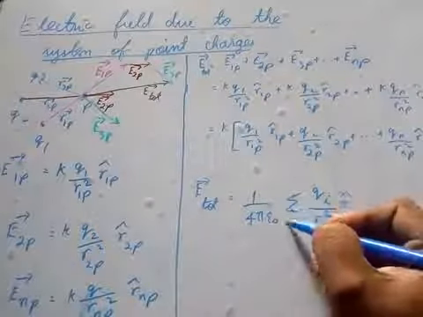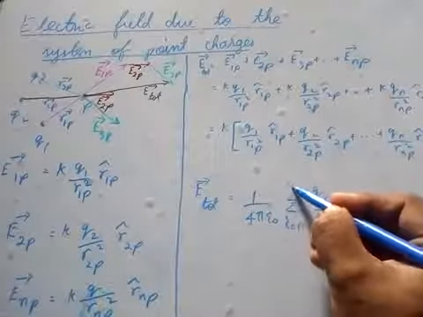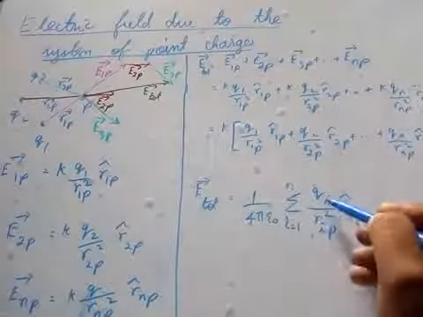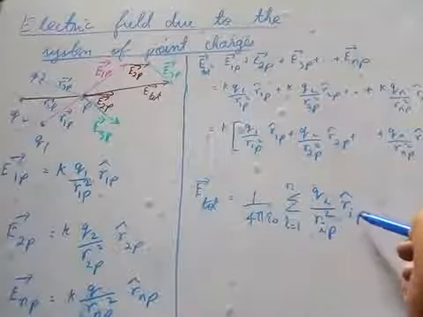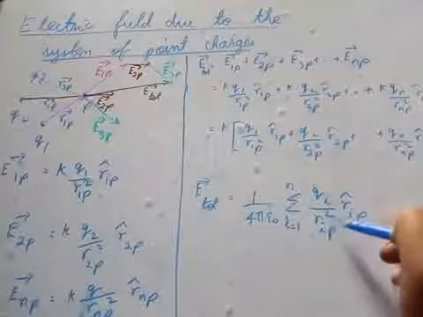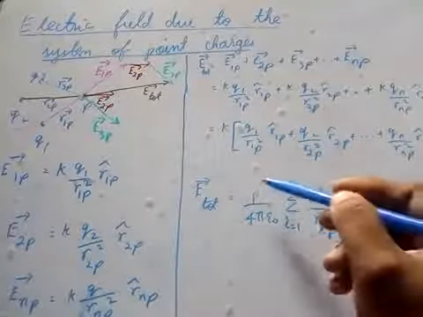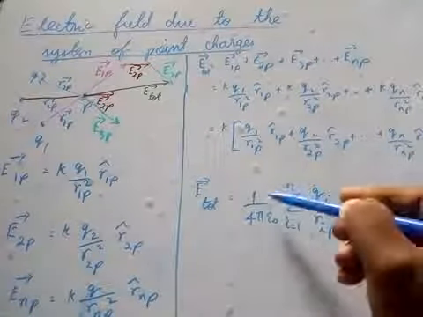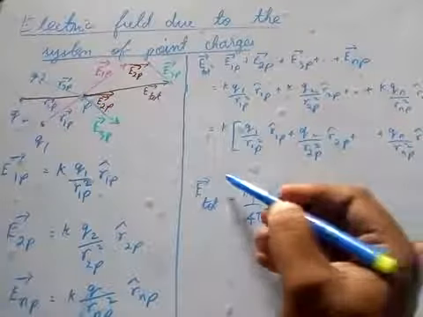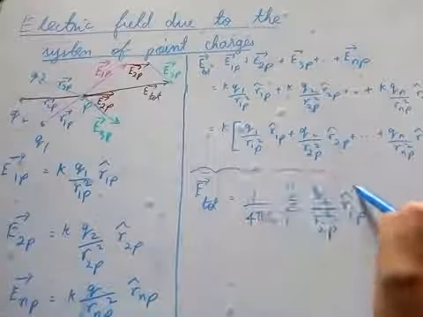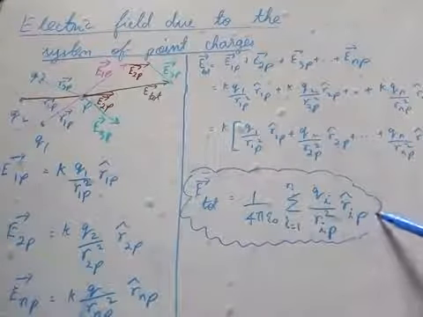The summation runs from i equal to 1 to i equal to n. If you substitute 1, you get Q1 by R1P the whole square into R cap 1P, then Q2 by R2P the whole square, up to n. So this gives us the electric field due to a system of charges. We are taking each charge individually, and this gives us the total electric field. This formula gives the total electric field for a system of point charges.